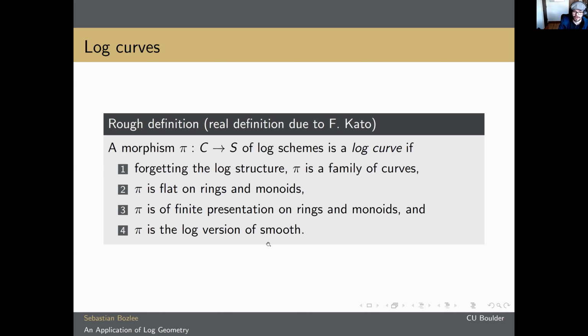And then we have the log version of smooth. You take the infinitesimal definition of smoothness for schemes and copy that word for word into the world of log schemes, and that gives you a definition of smooth, which we're going to ask holds. And what's interesting is we're asking for log smooth, but that doesn't imply smooth.